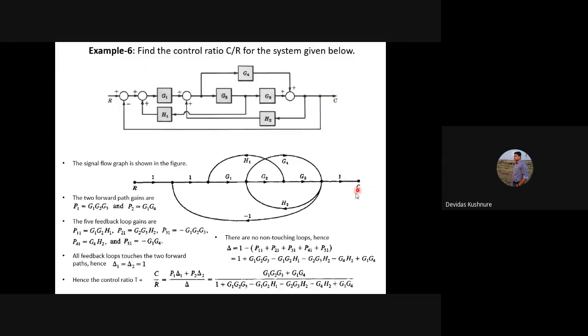These are called dummy nodes. It has gain equal to 1, and dummy nodes can be added either at input or output. It cannot be added in between. If you add in between a signal which has gain equal to 1, your transfer function may change, and your answer may be different. So this 1 can be added either at the input side or the output side. It won't affect your answer, right?